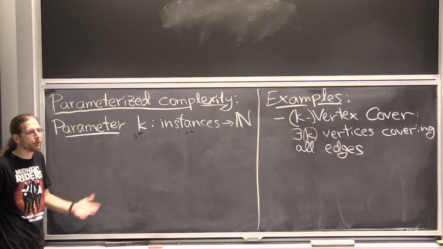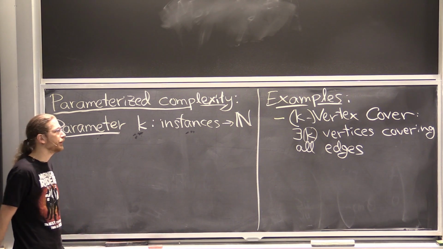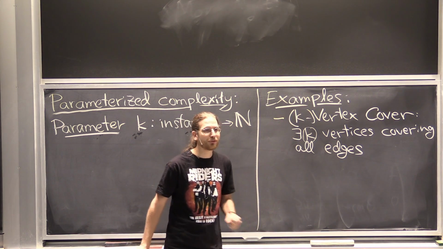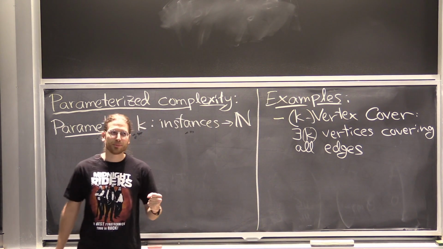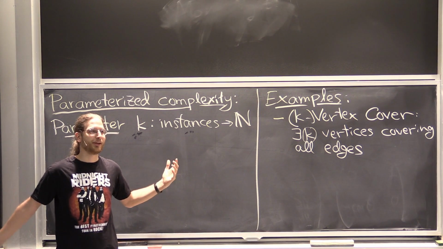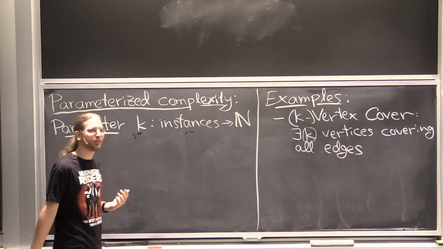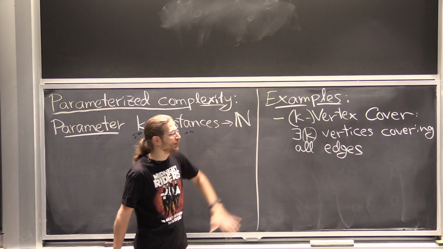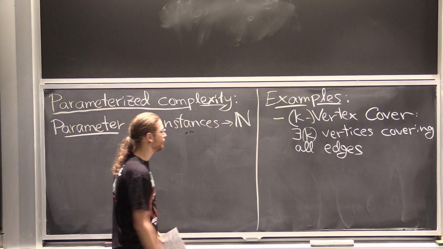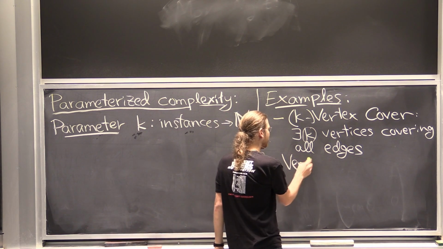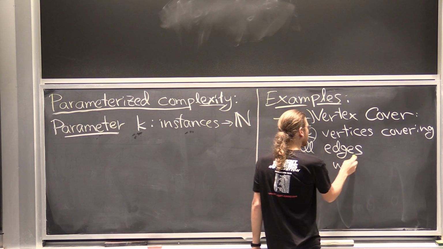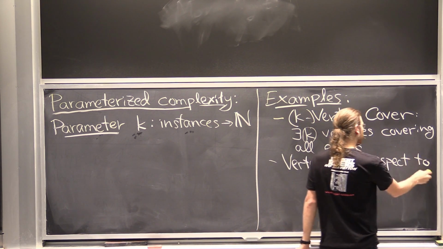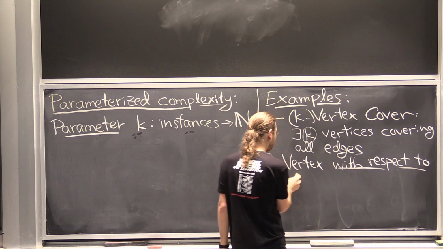But in general, a parameter could be some hard-to-compute thing. Maybe you take vertex cover as your problem, but you define your parameter to be the smallest independent set, or largest independent set. Or pick your favorite. You could, for example, think about vertex cover with respect to, this is how we'll write the parameter, crossing number.